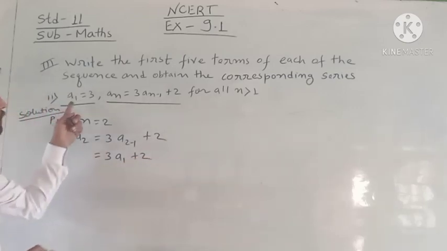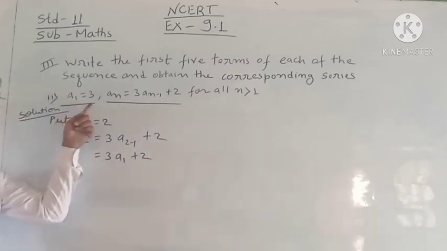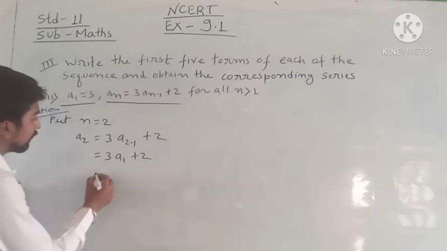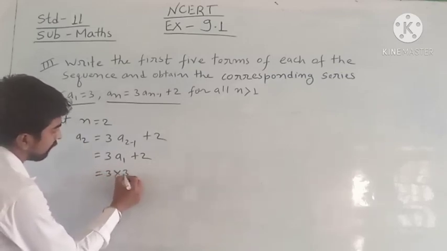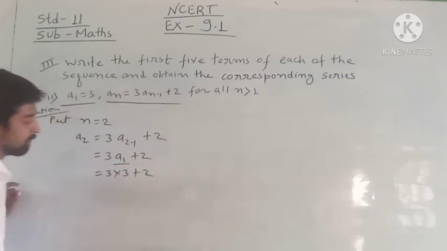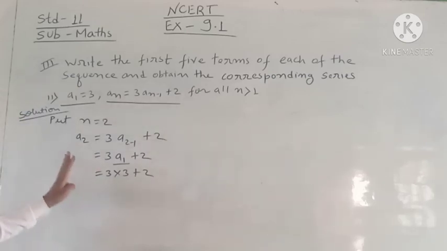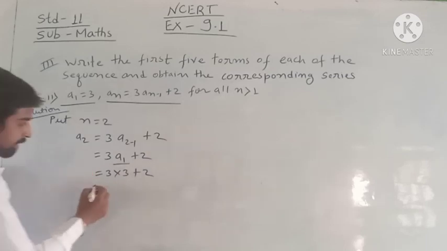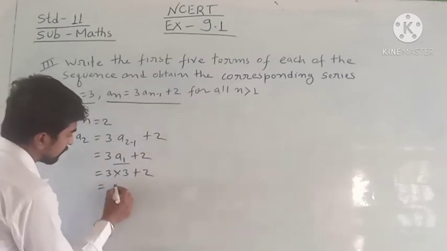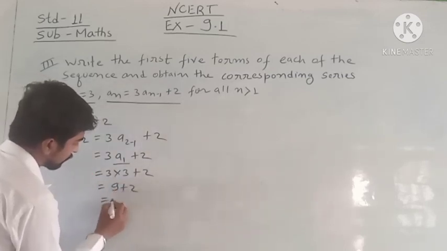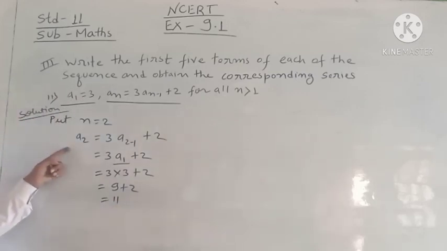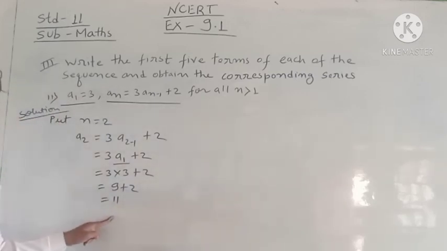And now since it is given a1 equals to 3, so we will put 3 here: 3 into 3 plus 2. Students, value of a1 is given. First term is given, which is 3, so we will put 3 on the place of a1, and then we will get 3 3 is 9 plus 2, which is equals to 11. It means that our second term is 11.